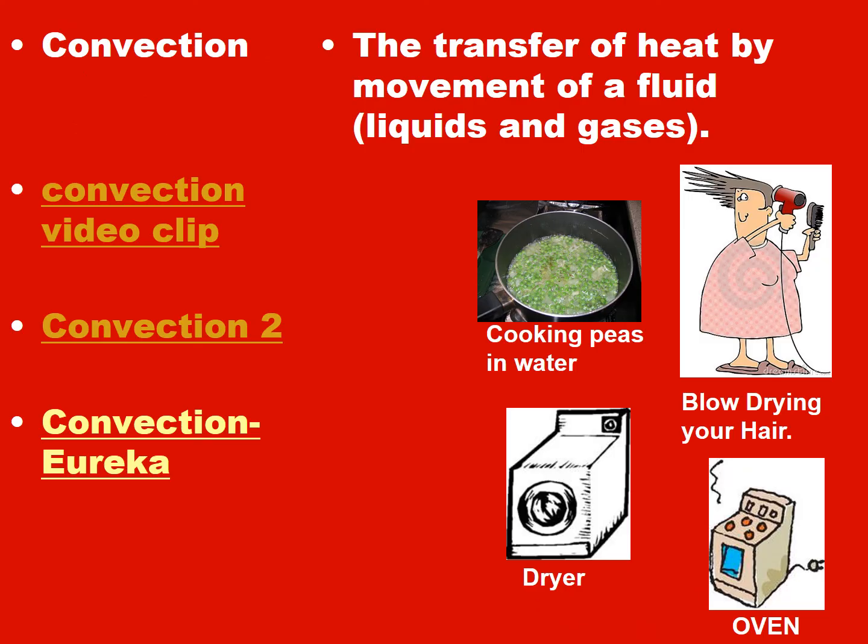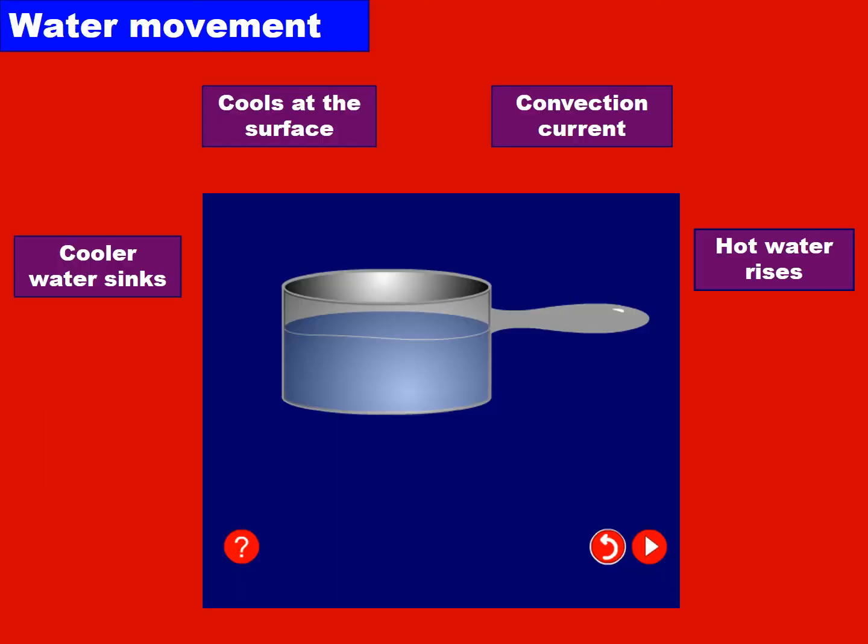Okay, convection is the transfer of heat by movement of fluids, liquids or gases. This image refers to this type of heat transfer. Also, this slide shows the mechanism of water movement when the temperature rises and heat transfers by convection.